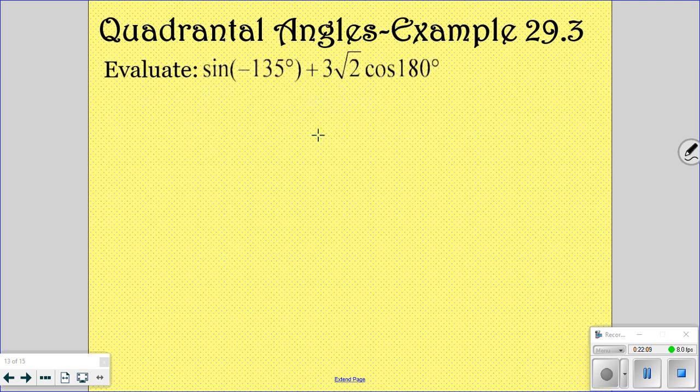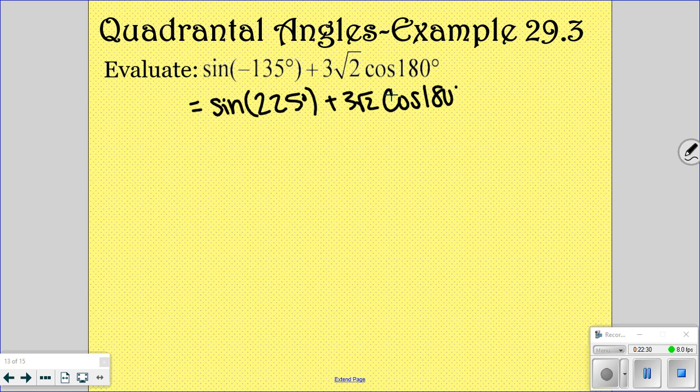All right, looking here, we want to evaluate this. So we have sine of negative 135 and cosine of 180. So I'm going to add 360 to this so that it's a positive angle, which is going to put it at 225. And then we have plus 3 square root of 2 cosine of 180.